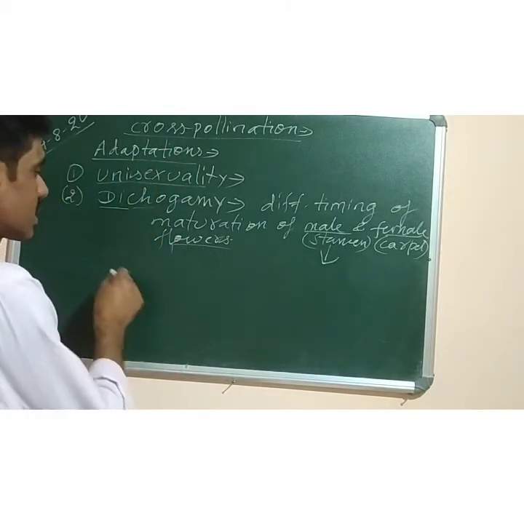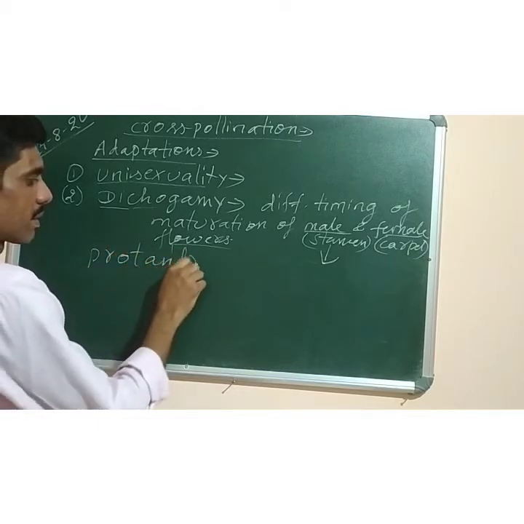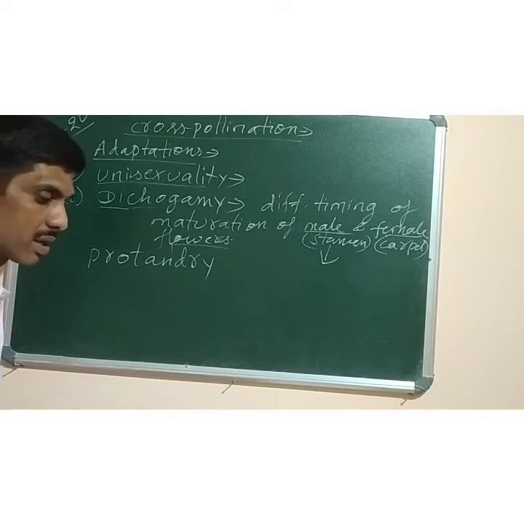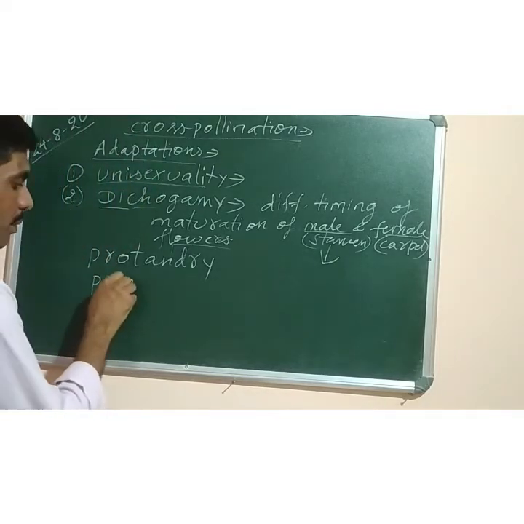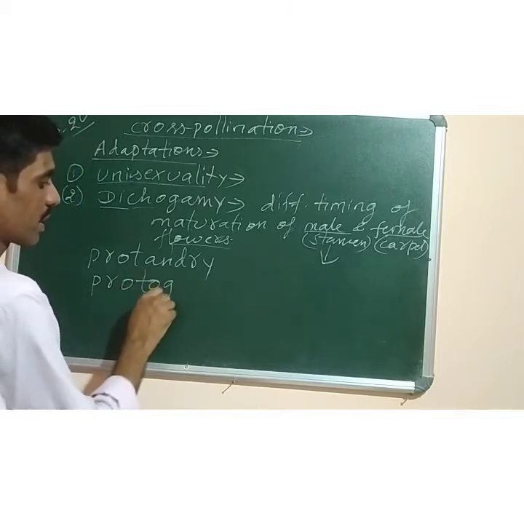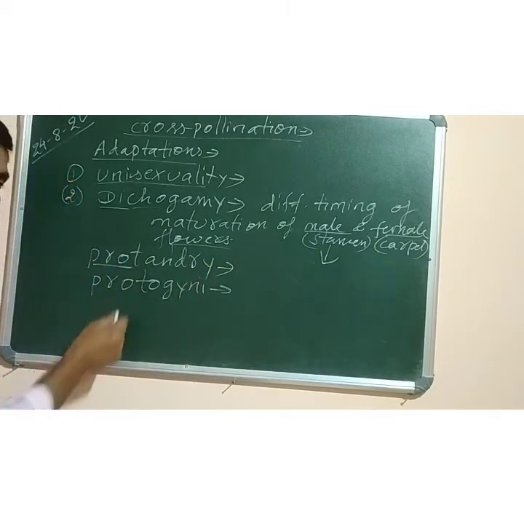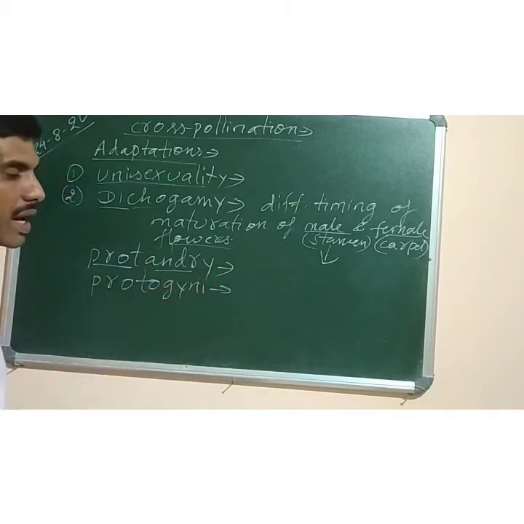There are two words, that is protandry and protogyny. In your book also given protandry and protogyny. So what are the meanings of these two terms? Pro means first, andry means androecium.